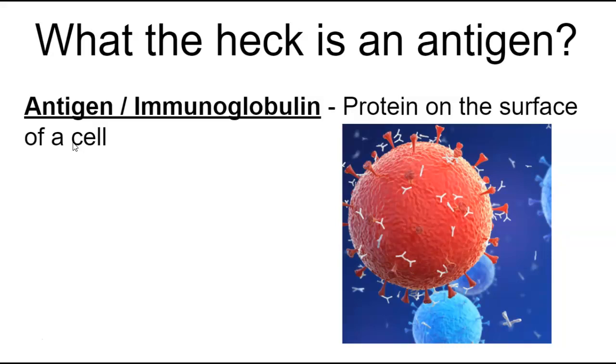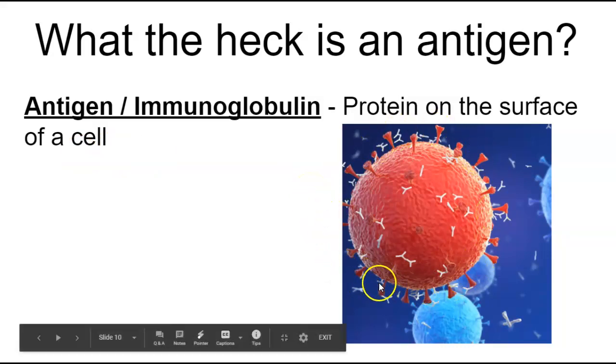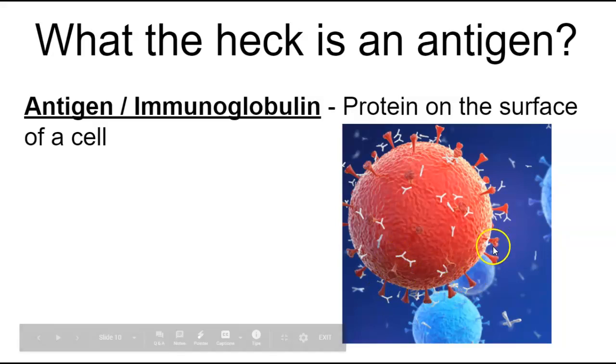So go ahead and write this down. An antigen is a protein on the surface of a cell. Sometimes we'll hear it called immunoglobulin. I'll probably always use antigen, but it's a protein on the surface of a cell. Over here, we see lots of different proteins on the surface of the cell.